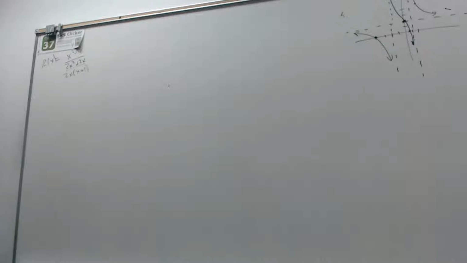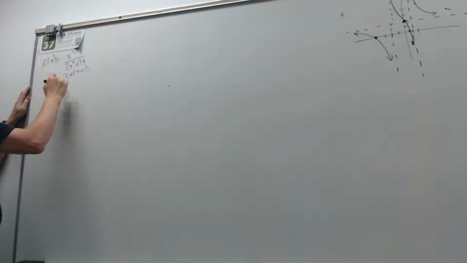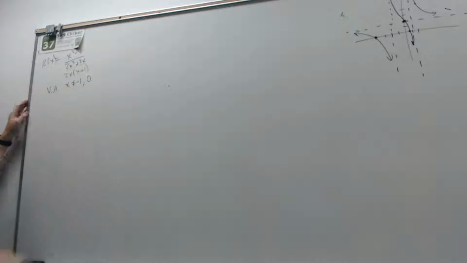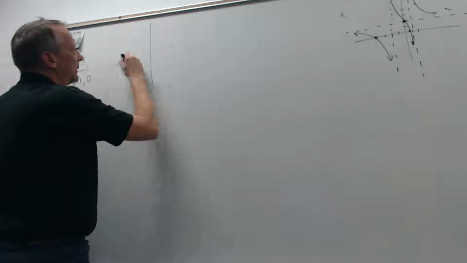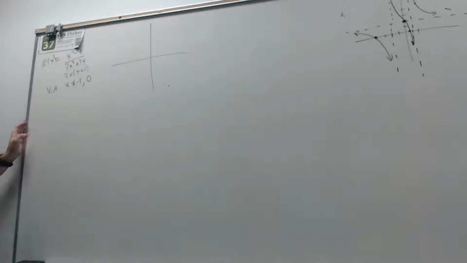It does bring up an interesting point, but I think we'll cover it. No problem. Okay, so therefore your vertical asymptotes are where? It's going to be -1, and would it be 0 for the other one? That's correct.